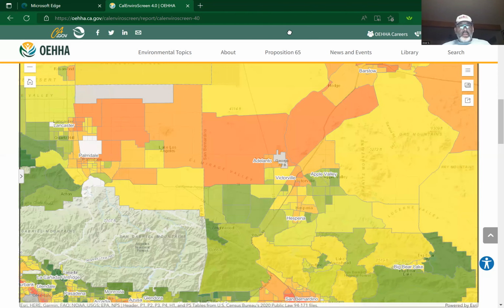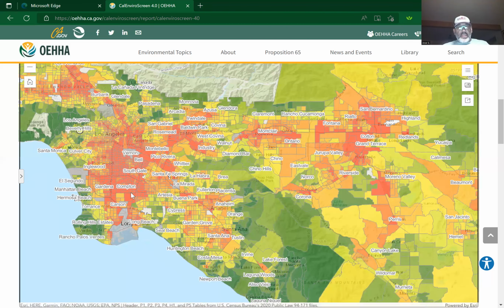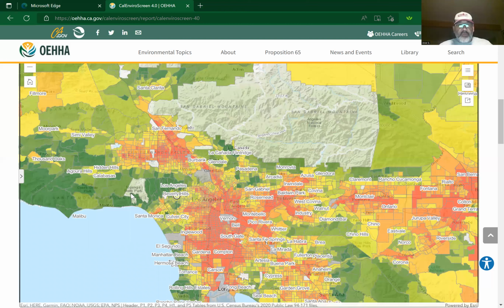So we see Simi Valley, Thousand Oaks, and you guys would know the area if you're from Los Angeles better than me. Beverly Hills, Santa Monica. It's really green, and then it gets dark.